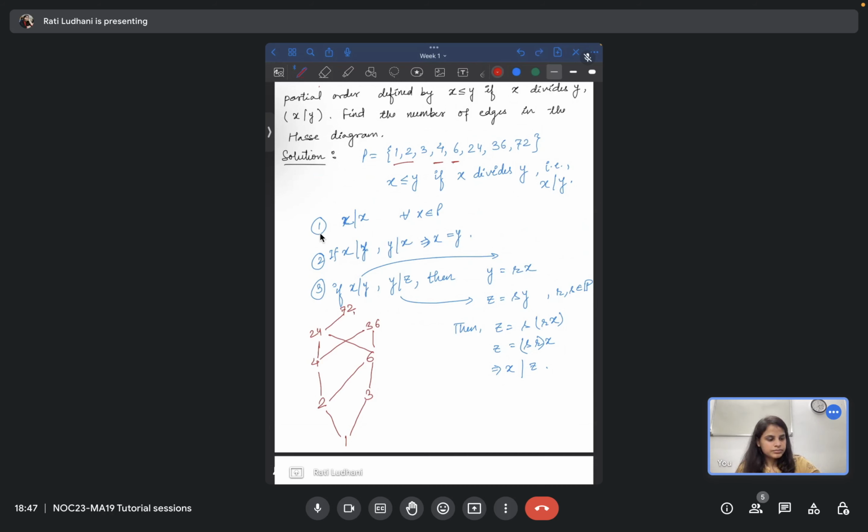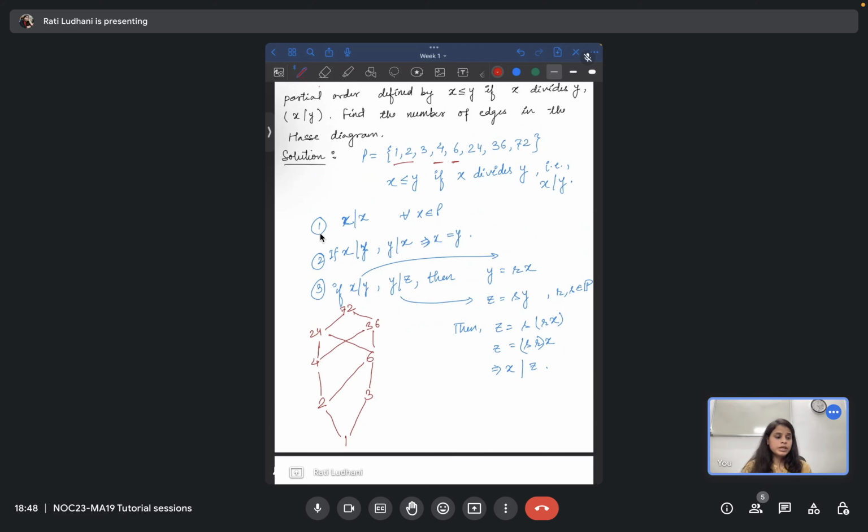Is that okay? This is your Hasse diagram for this poset. Is that okay, or should I explain again? Okay, ma'am. Great. So this is your Hasse diagram.